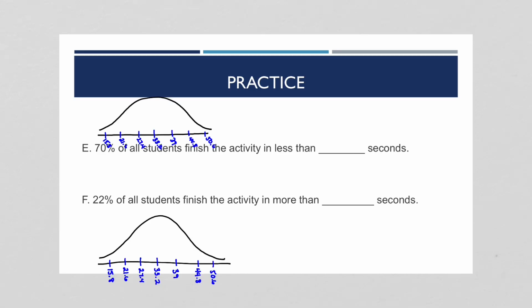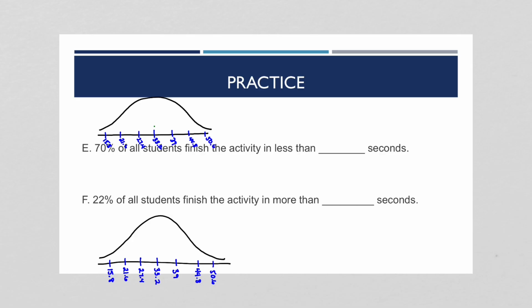Okay, so I have the normal curve sketch represented twice, one for each of the problems, so this way you don't have to erase anything. For the first one, we want to know 70% of all students finish the activity in less than how many seconds? In this instance, we're interested in the bottom 70%.